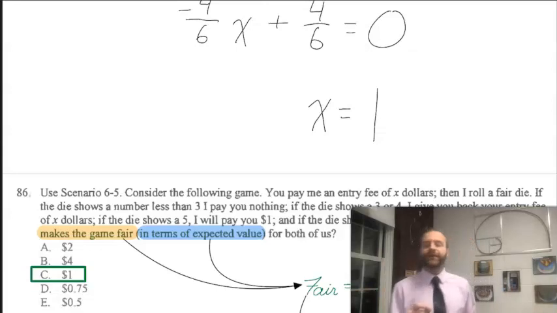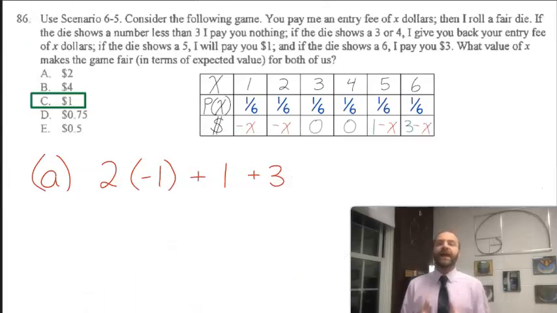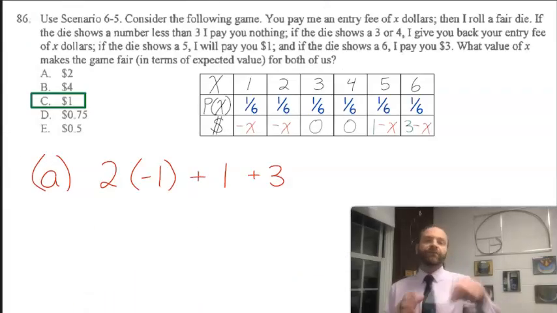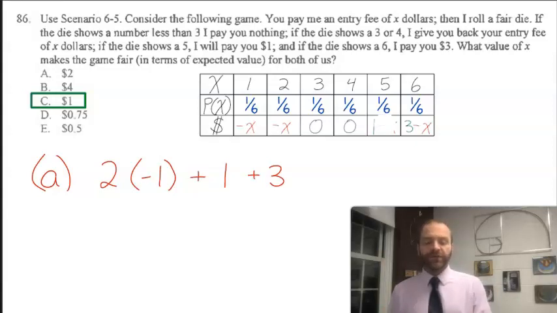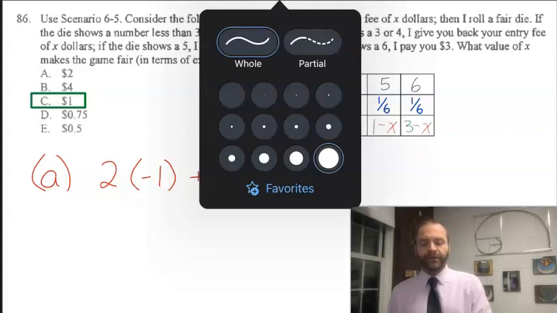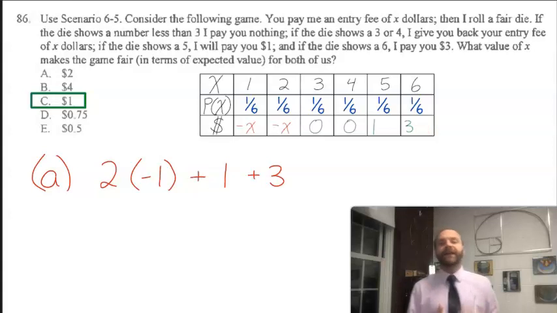Now be very careful here. There's one that I really want to address, and that is choice A. If I look at choice A, what that did is it removed the idea of paying X dollars from the 5 and 6 roll. If I were to just remove the minus x and the minus x and forget that I paid x dollars, so though they gave me 1, I did end up paying x, that would have given you choice A for an answer.